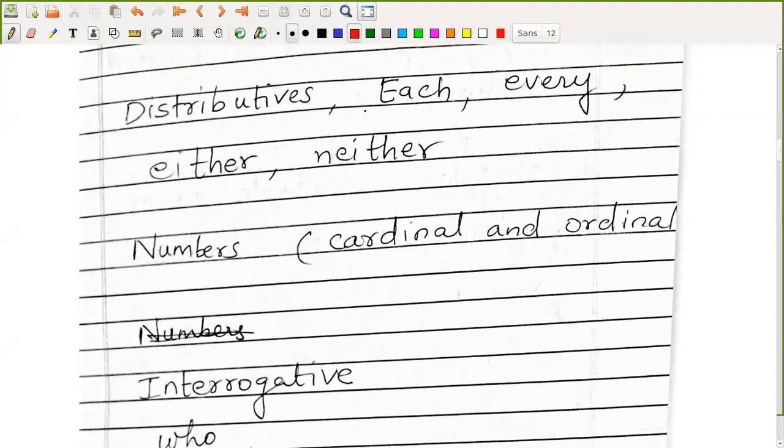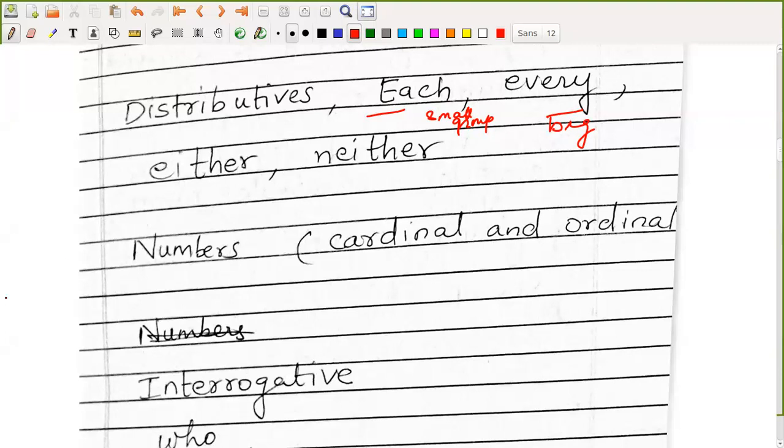Every is for big groups. Every citizen must do his duty. Then either and neither. Either means any of the two, neither means none of the two.